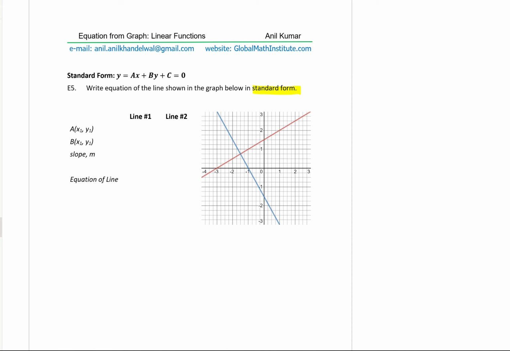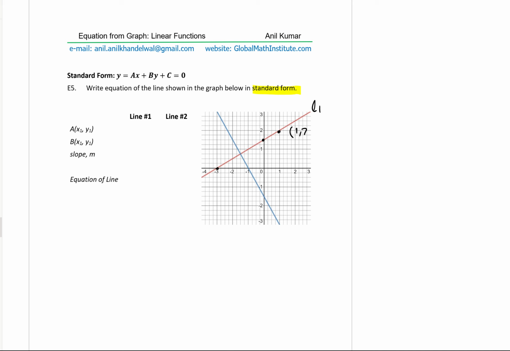You need to identify 2 points on a line. So let's say this is our line number 1, and on line 1, let's try to read the y-intercept, which seems to be at 1.5. And here we have a value which is minus 3, which is a good point. But I like to choose this point here, which is better to read, 1 and 2.